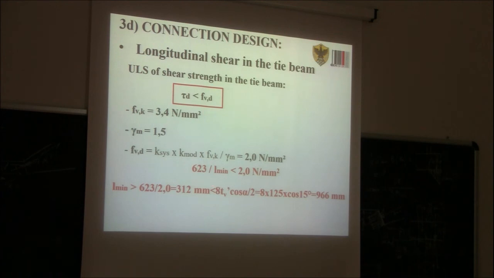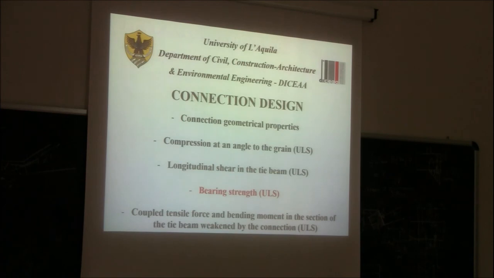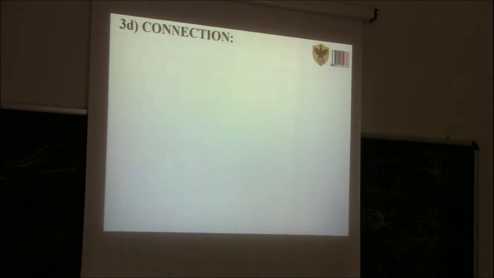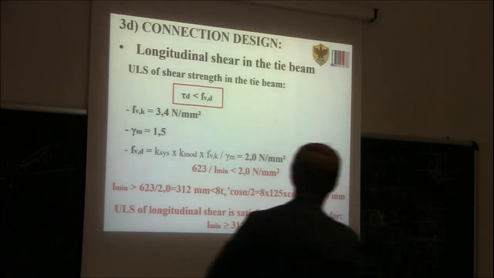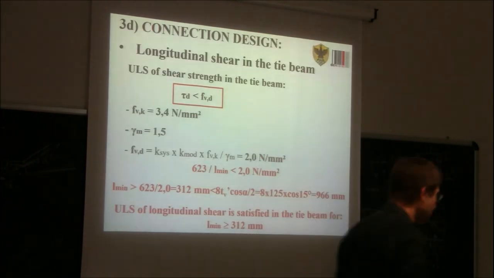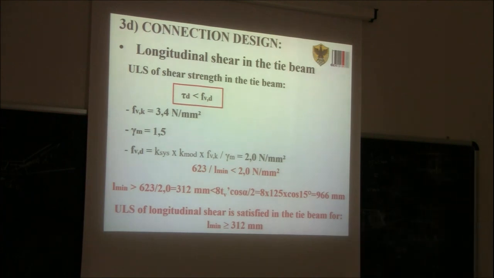So this one is the right result. So we need to have basically a length of at least 302 centimeters more or less in order to have this shear verification satisfied.